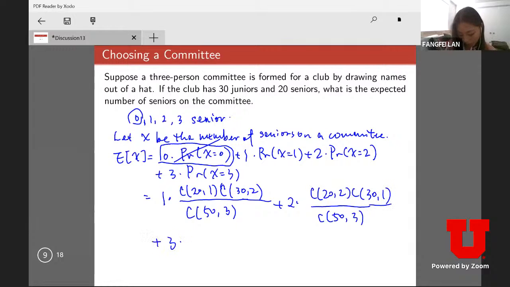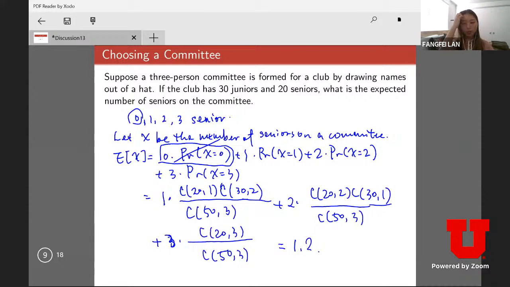And then 3 times the last one here. Same thing: we're picking 3 seniors from the 20 seniors, and then we also have this. So that gives us 1.2 seniors. So we can expect 1.2 seniors on the committee. Make sense? Any questions?